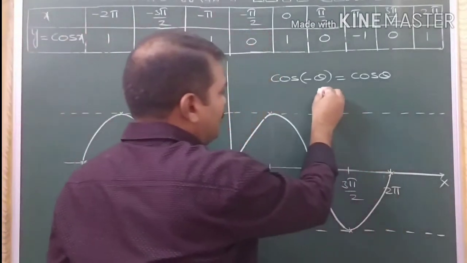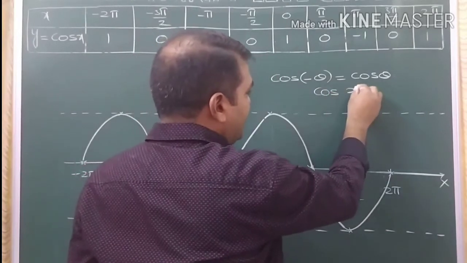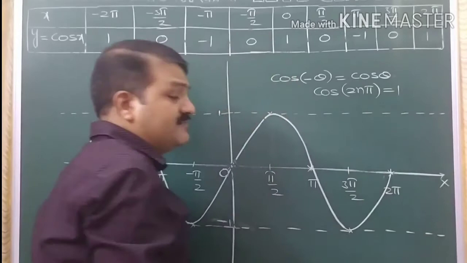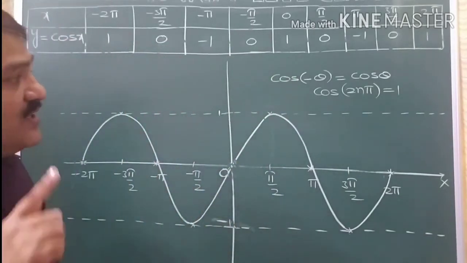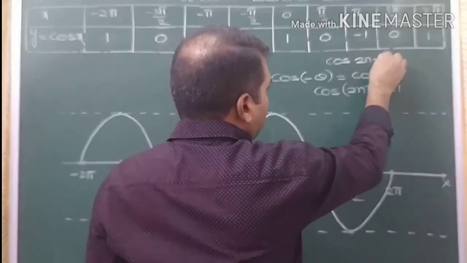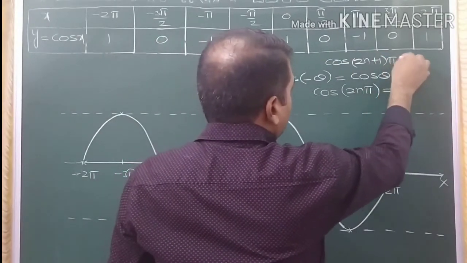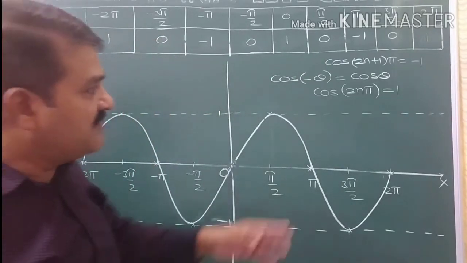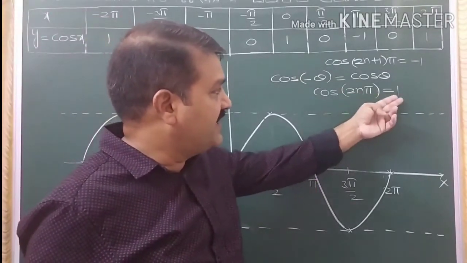Okay. So you have to remember that for even multiple of pi, cos function is 1. For odd multiple of pi, cos function is minus 1. So even multiple of pi means 2n into pi, it is going to be 1.